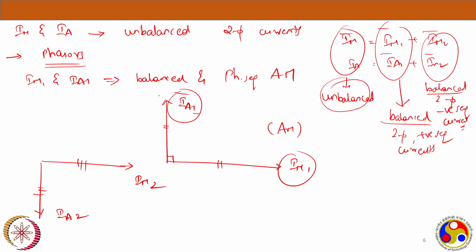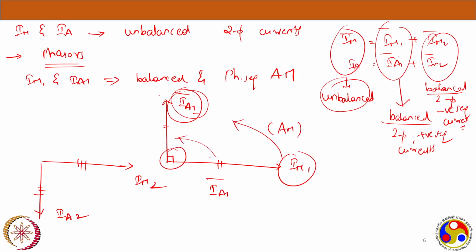Now the auxiliary winding current IA2 will lag your IM2 because it has a negative phase sequence. So from the figure of these two phasors, I can make some small observations. If you want to write IA1 in terms of IM1, this is 90 degrees.